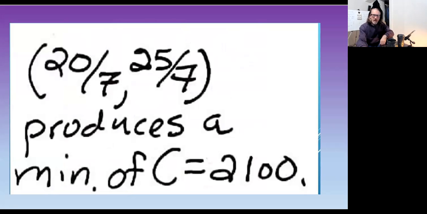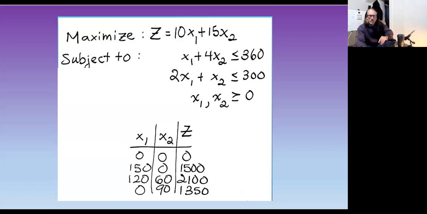Again, I'm going to come back to seeing some of the same coefficients as the standard maximization problem from the earlier video. But also, notice that that minimum value of C of 2100 was the maximum value we came up with from that standard maximization problem.